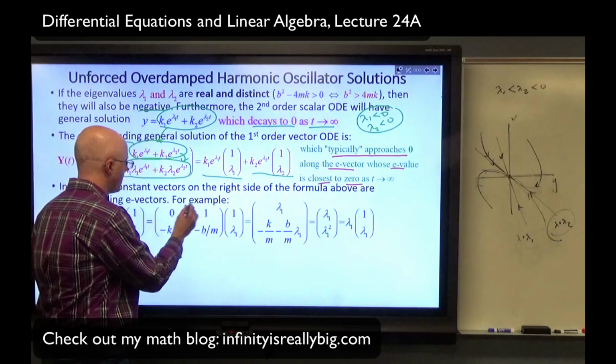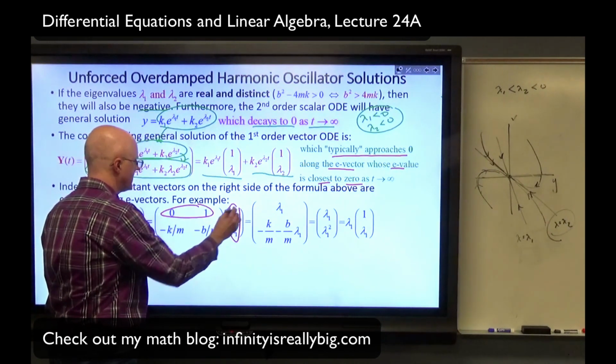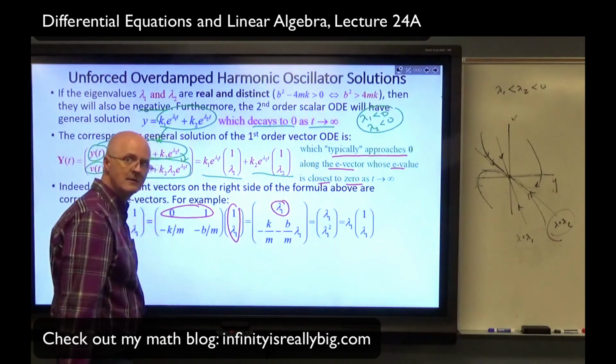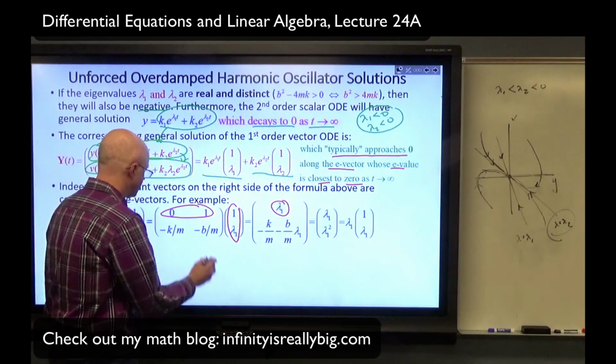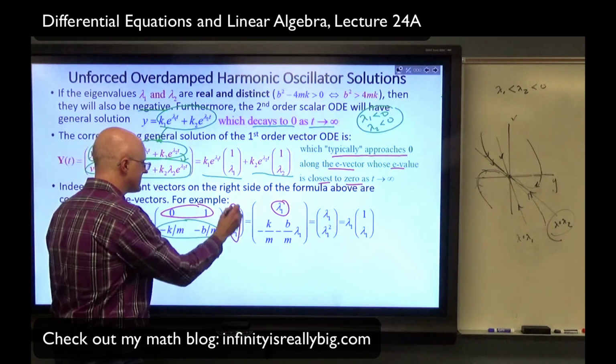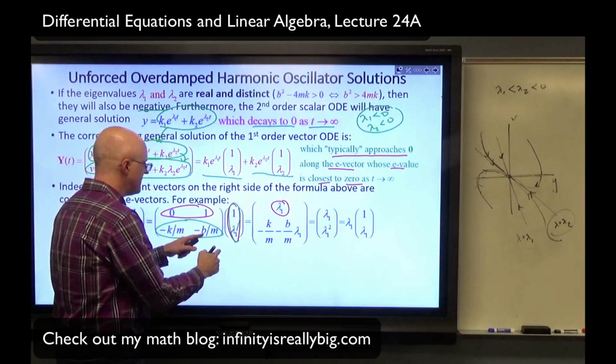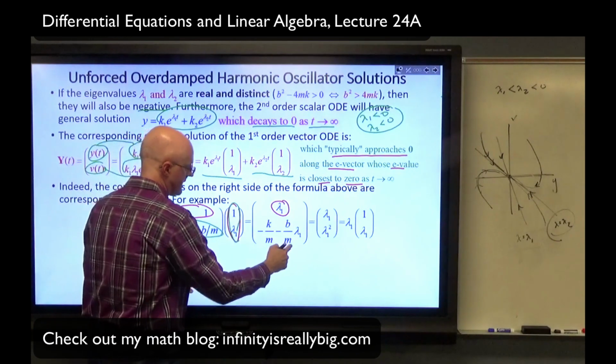Take the first row, dot it with this column. Get 0 times 1 is 0, plus 1 times lambda 1 is lambda 1. Take the second row and dot it with this column vector. Negative k over m times 1 is negative k over m, minus b over m times lambda 1 is minus b over m times lambda 1.